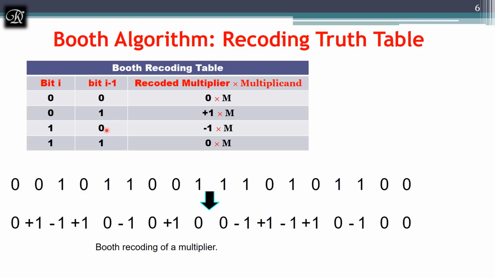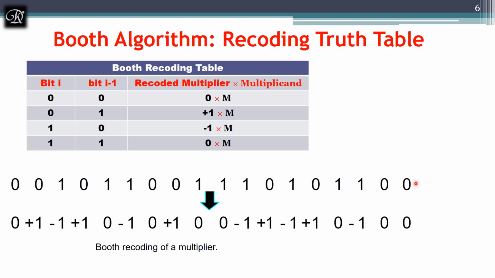And if the previous bit is 0 and the next bit is 1, then it is multiplied with negative 1. If both bits are 1, then it is multiplied with 0. It means when you have the same values on both bits, it gives you 0, and when it moves from 1 to 0, it is positive. When it moves from 0 to 1, it is negative.